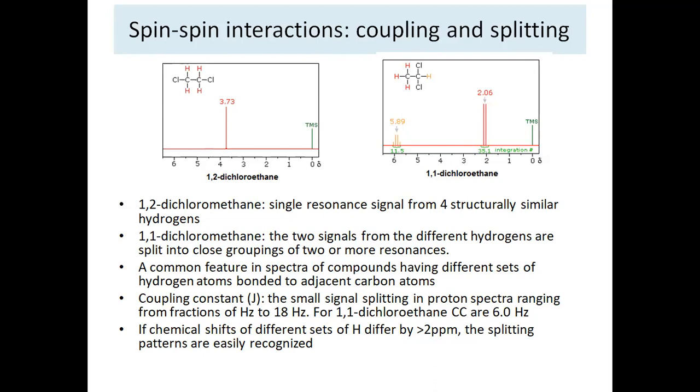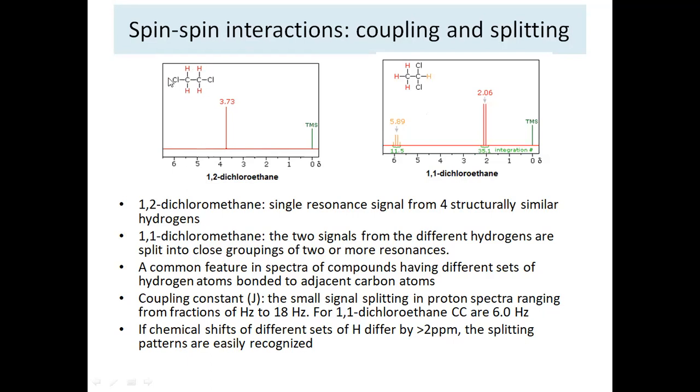And if you are trying to carry out NMR spectroscopy to identify which molecule is which, then look at the spectrum here. In the case of 1,2-dichloroethane, there are 4 hydrogens, and all the 4 hydrogens are exactly the same. They are bonded to carbons, and the carbons are bonded to chlorine atoms.